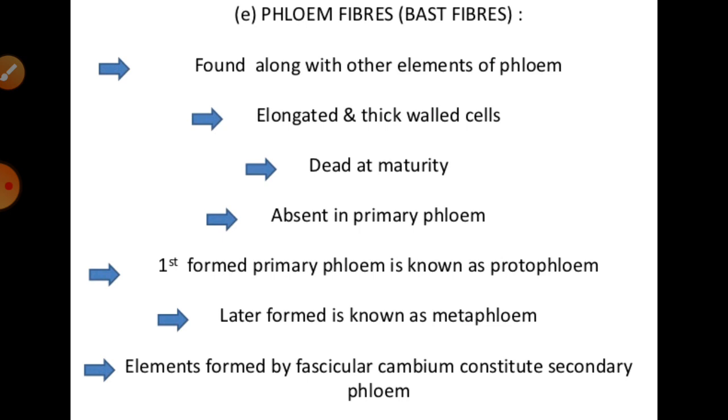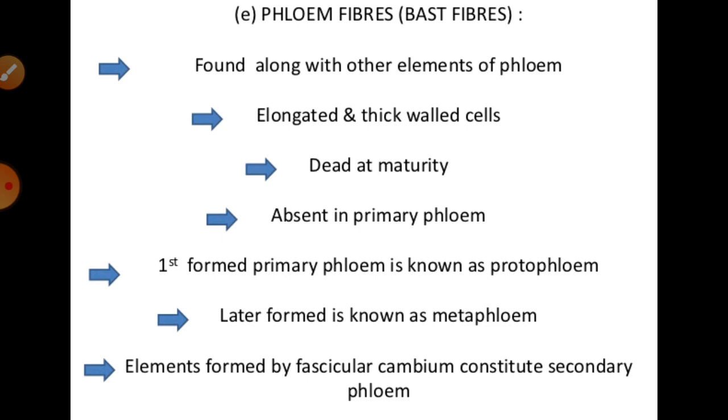As well as we can say the first formation of primary phloem consists of narrow tubes and is referred to as protophloem, and the later formation of phloem with bigger tubes is referred to as metaphloem. Means in the primary stages of the development of the phloem, they are developed with narrow tubes in primary phloem.